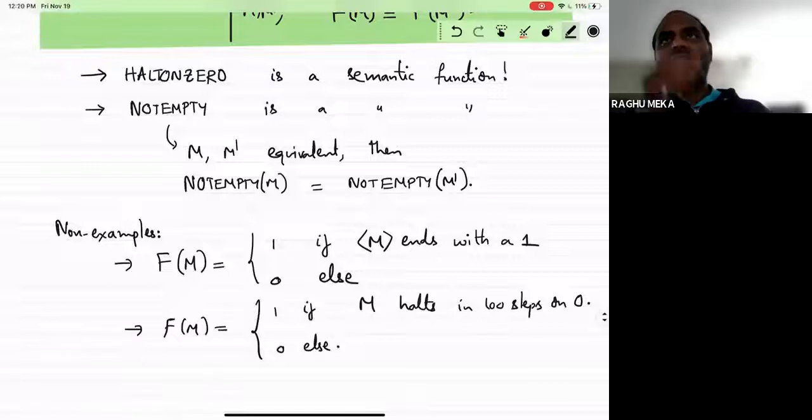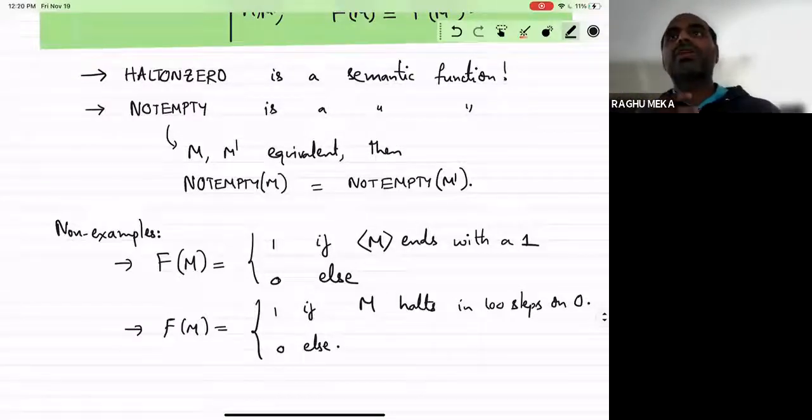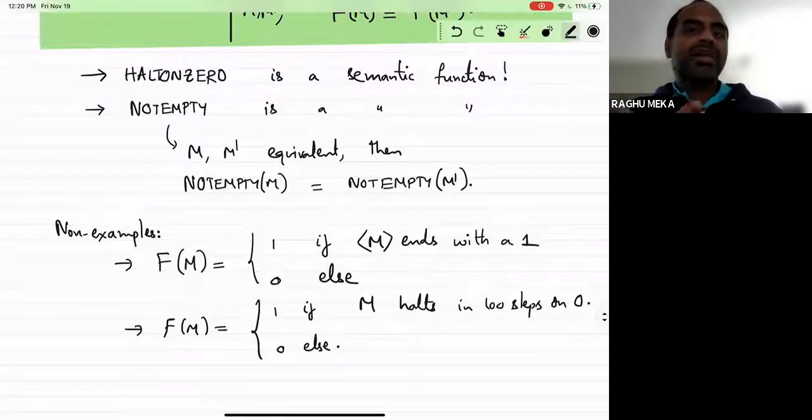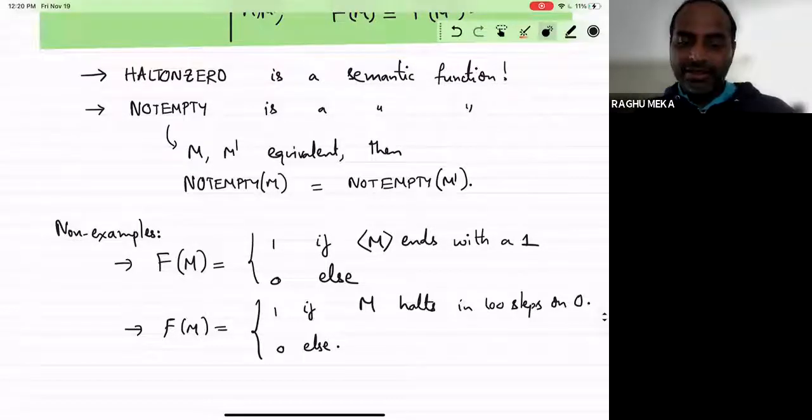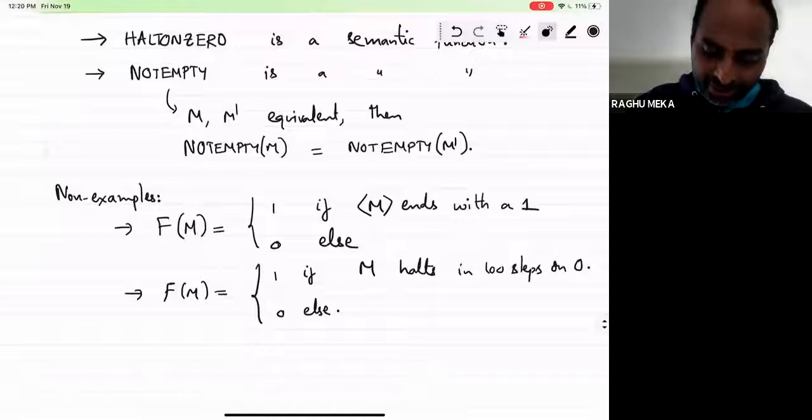Here's another function, which checks whether or not the Turing machine ends in 100 steps on 0, and is 0 otherwise. It is not semantic because the final output of a different machine could be the same, but it could run for a little bit longer. Hopefully that makes sense.